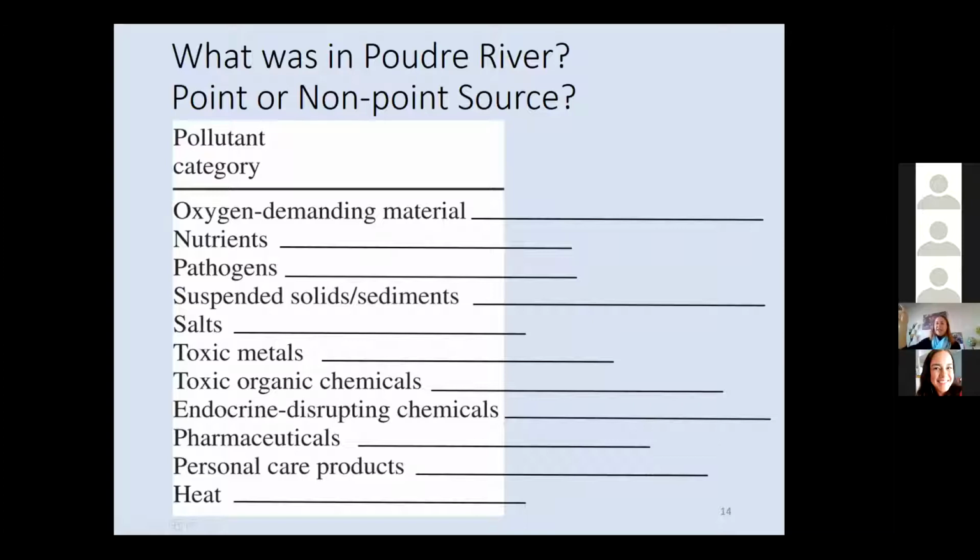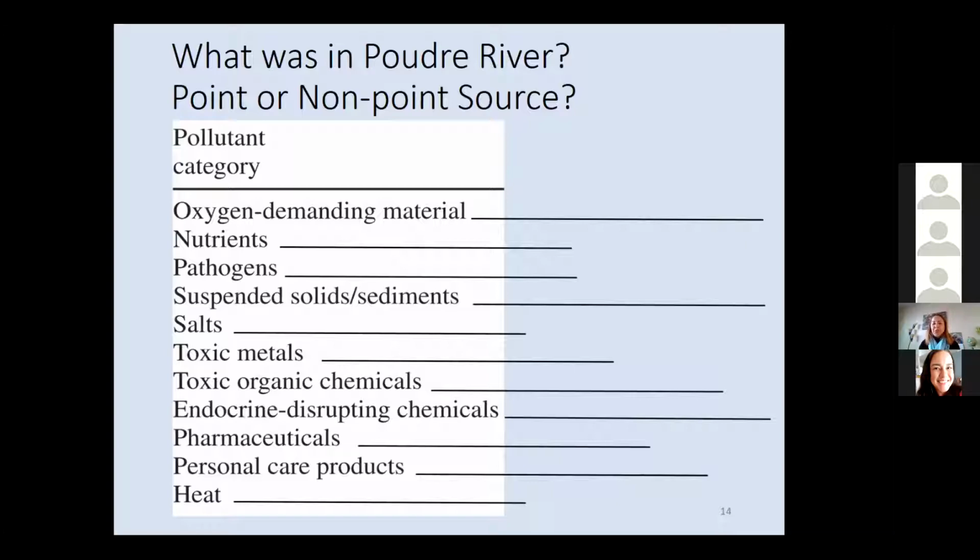You can annotate on your screens, and if you have a tablet, it's easy, you can write on it. But if not, you can type as well. Take a look at all these pollutants and put an X on the types of pollutants that you think were present in the Poudre River as we watch that clip.